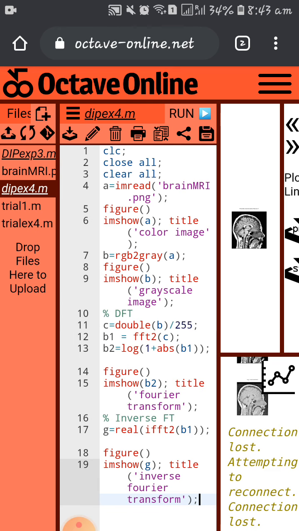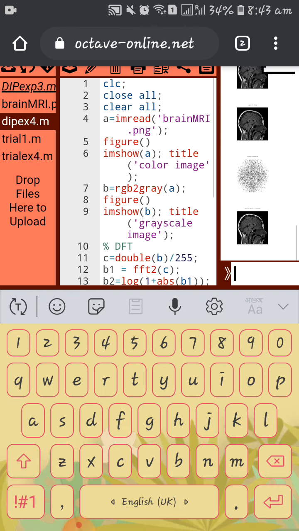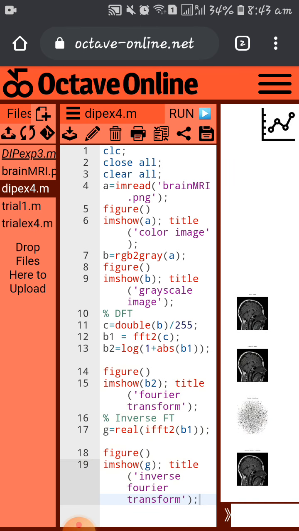So now it has been pasted, and now always remember, save the file, click on the save icon and then run. So at the right you can see 4 images displayed: original image, and then its grayscale image, Fourier transform and inverse Fourier transform.